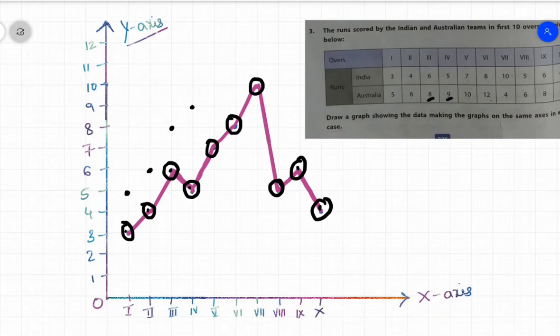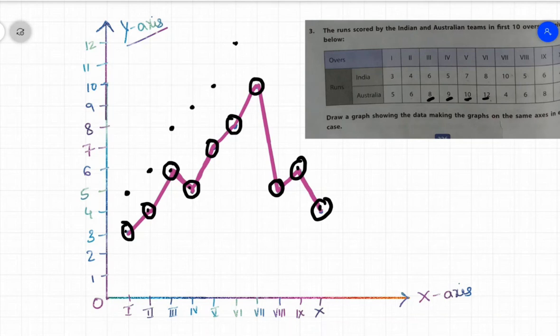Now see, fifth over it is 10. This is 10. Now see, sixth over it is 12. So sixth over it is going to 12 here. Seventh over it is 4.